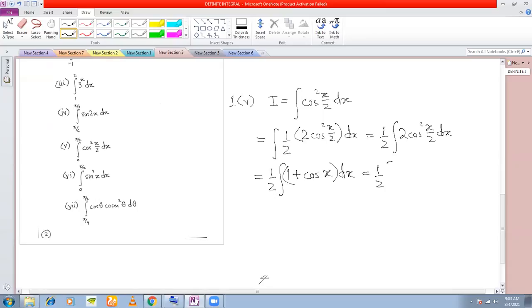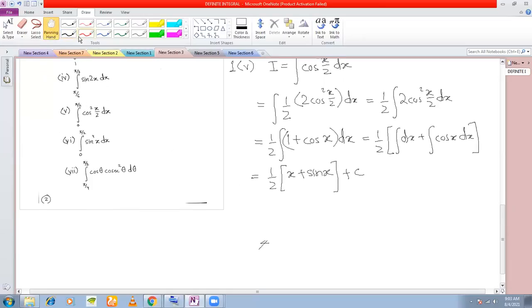Now you can distribute the integral. You get integral dx plus integral cos x dx is equal to half x plus sin x plus c.